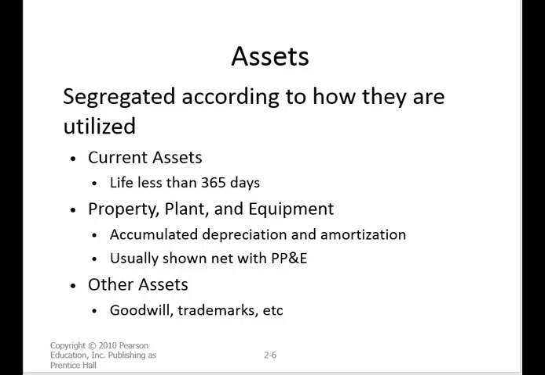That means they've already taken out the depreciation and amortization. We have other assets to talk about. Some of these other assets will be tangible, that is, some of them you can touch, but others will be intangible. Things like goodwill, trademarks, you can't touch those things. They have value to the company, but you can't touch them.